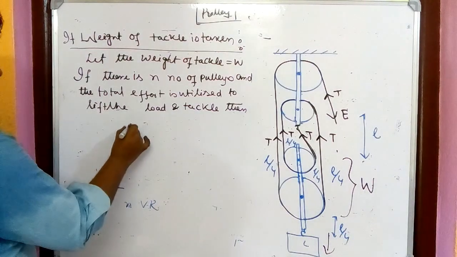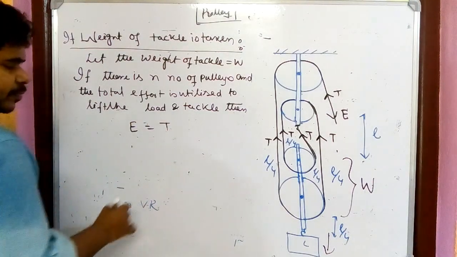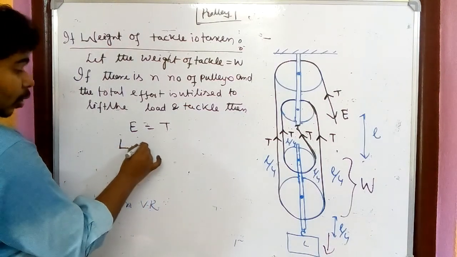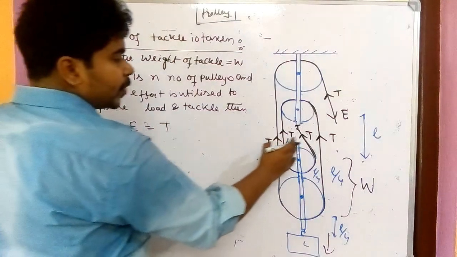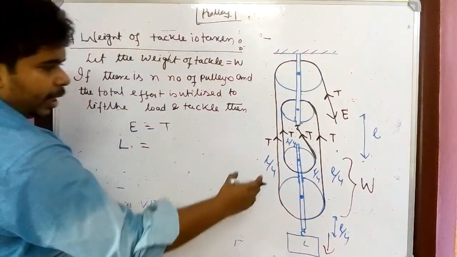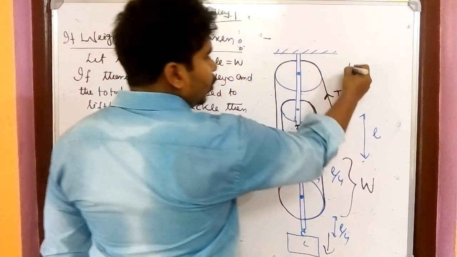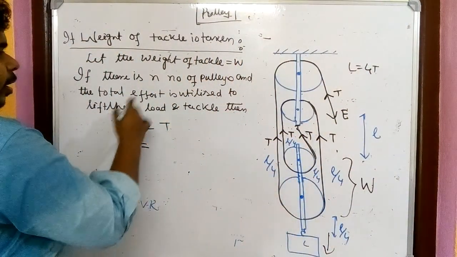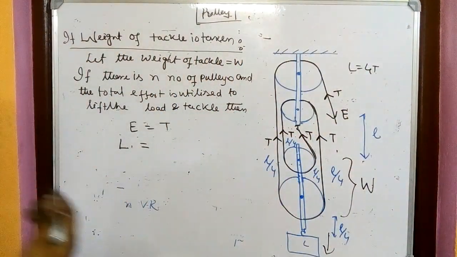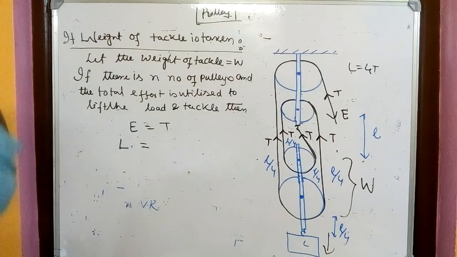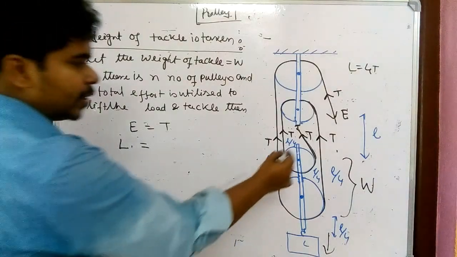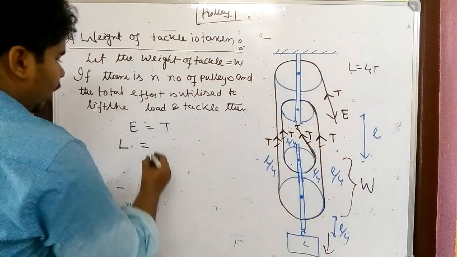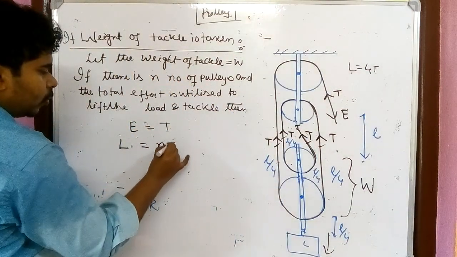So here simply effort equals tension, and in general we have written load equals number of strands times T. Here we did load equals 4T because 4 strands are there, and the number of pulleys is N, so there will be N number of strands. Strand means this one, 1, 2, 3, 4. So L will be N into T.